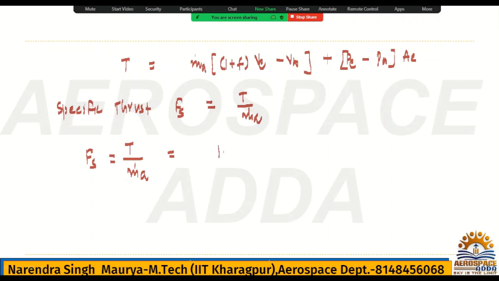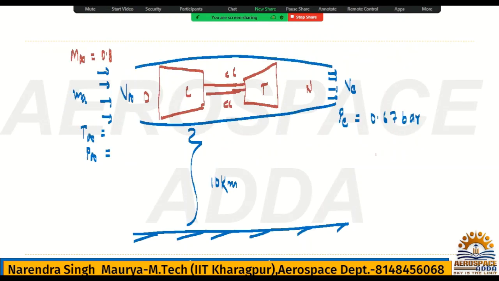So this is nothing but (1 plus f) times (Ve minus V infinity) plus (Pe minus P infinity) Ae by m dot a. Now you have the formula. If small f, the fuel air ratio, is given to you, then you use this. Otherwise you can ignore it, no problem. Check in the problem whether it is given or not.